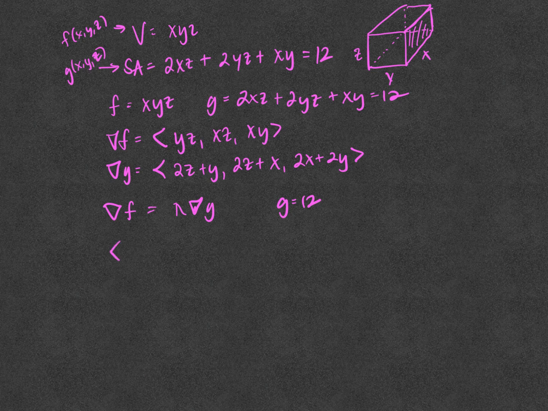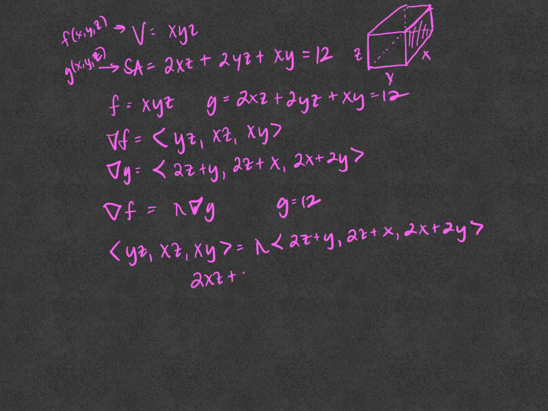So the gradient of f is yz, xz, xy, and this is equal to lambda times the vector 2z plus y, 2z plus x, and 2x plus 2y. Let's also write g equal to 12: 2xz plus 2yz plus xy equals 12. It doesn't matter when you write it as long as you write it.